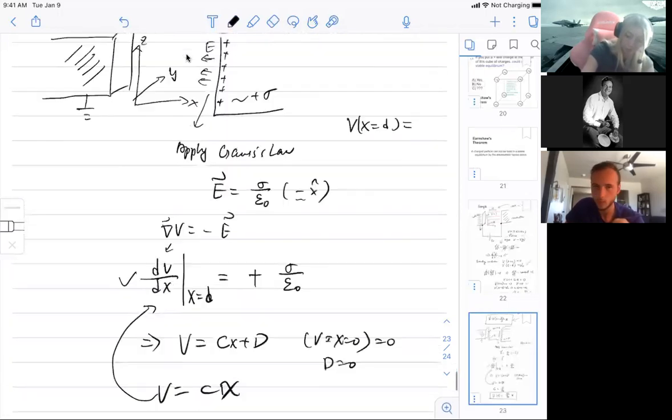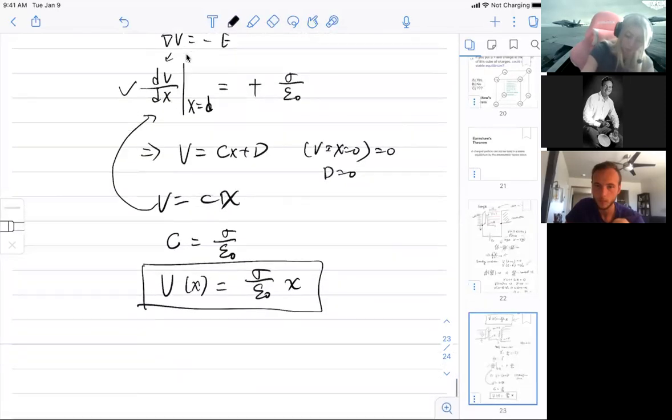So whatever your left wall is, your right hand side of the wall is going to be a higher potential than your left hand side. So if your left wall V at x equals 0 is 0.